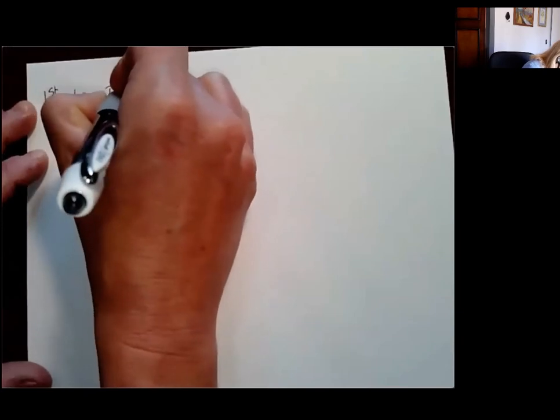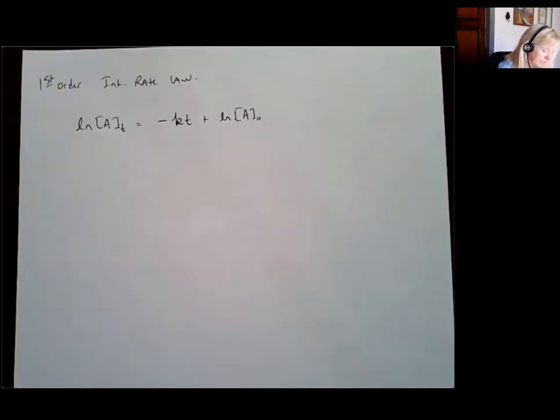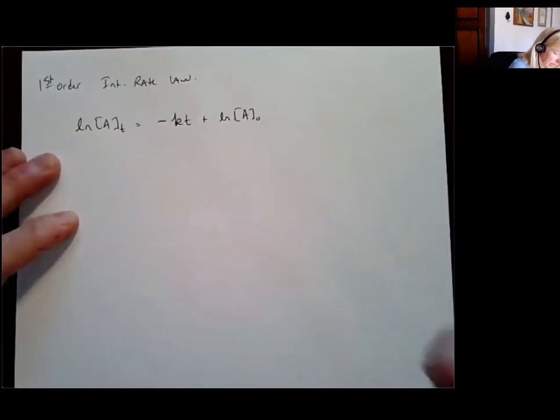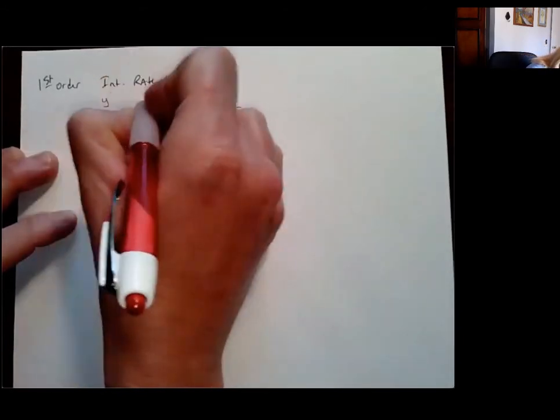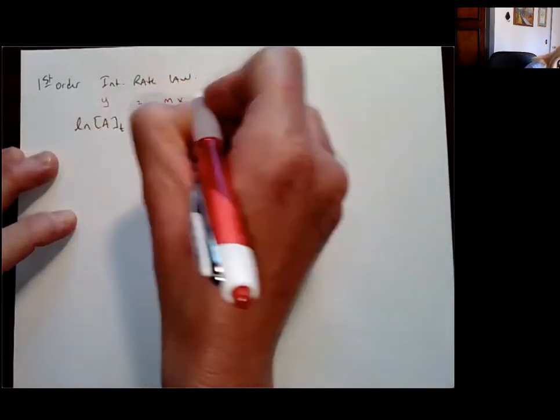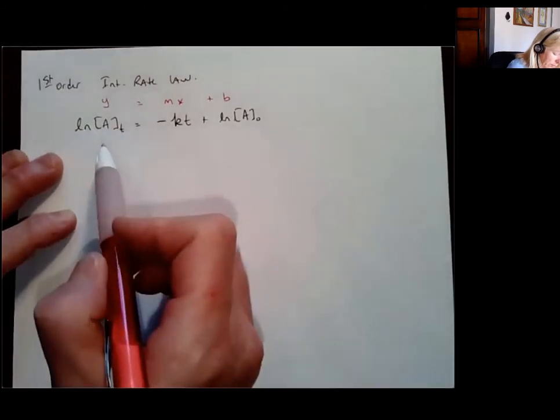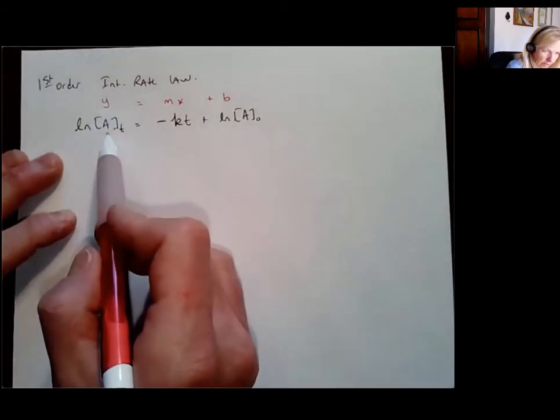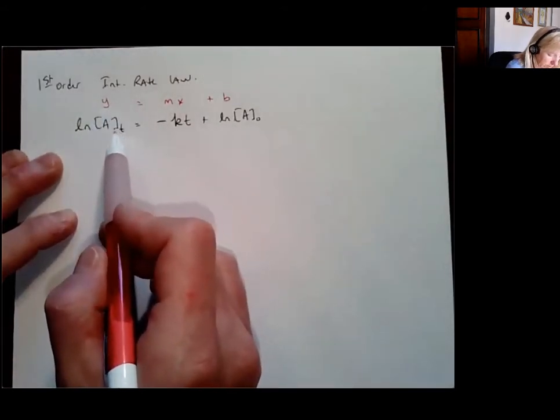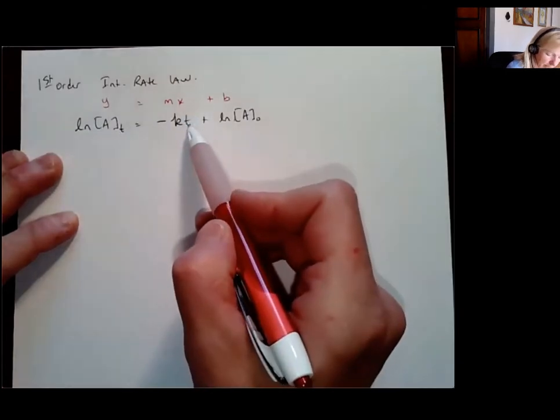All right, so I'm going to rewrite my first order equation here, my integrated rate law. I'm going to write it this way because this format is going to give me a straight line. So y equals mx plus b. So my y-axis would be ln of A at varying concentrations depending upon the time. This is going to be the time.